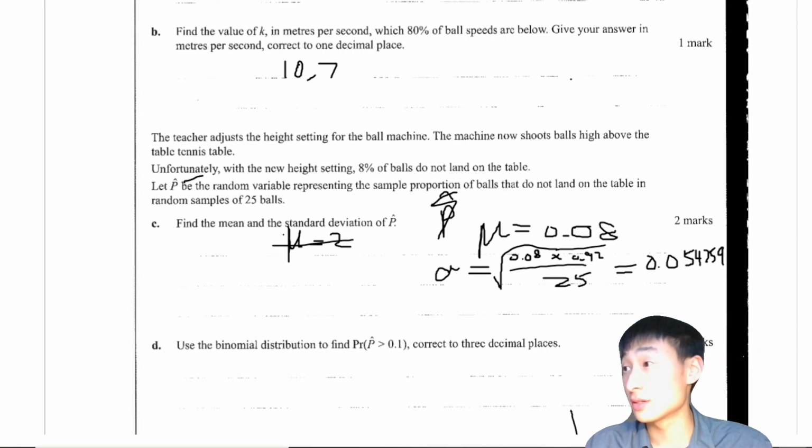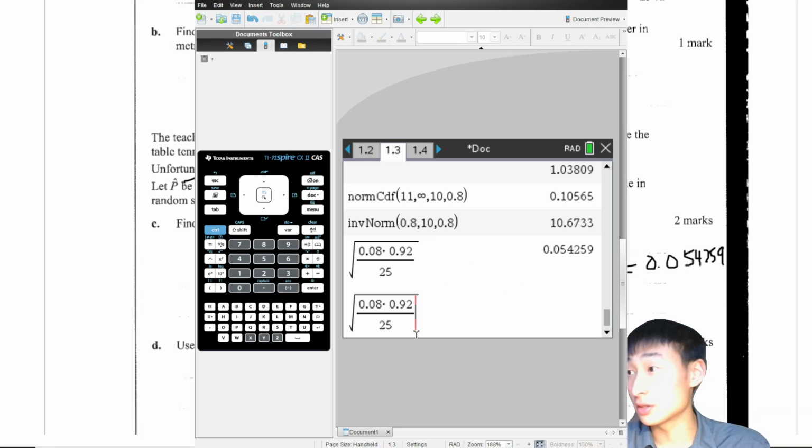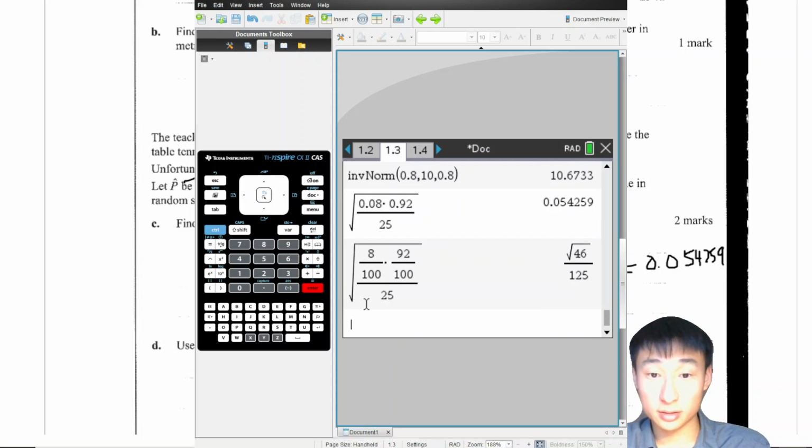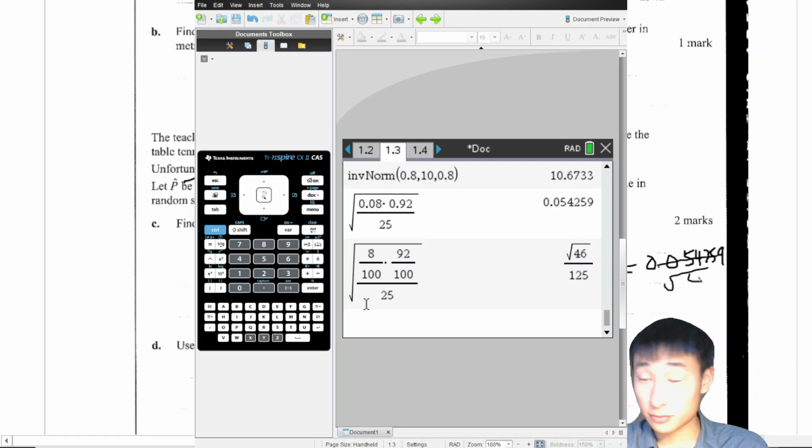Is this exact? I'm going to try convert. So one thing you can always do is to convert these into exact answers. Okay, you do get that, so you have to write that, I think. Square root 46 over 125.